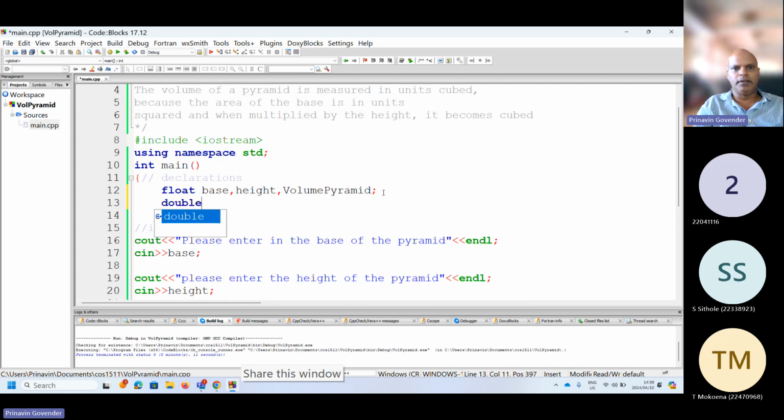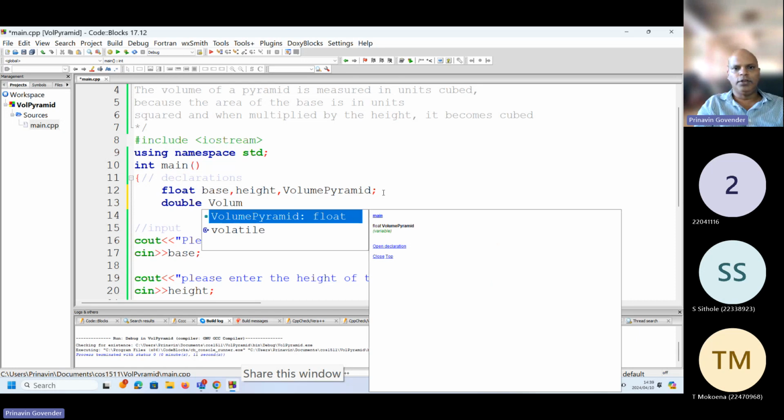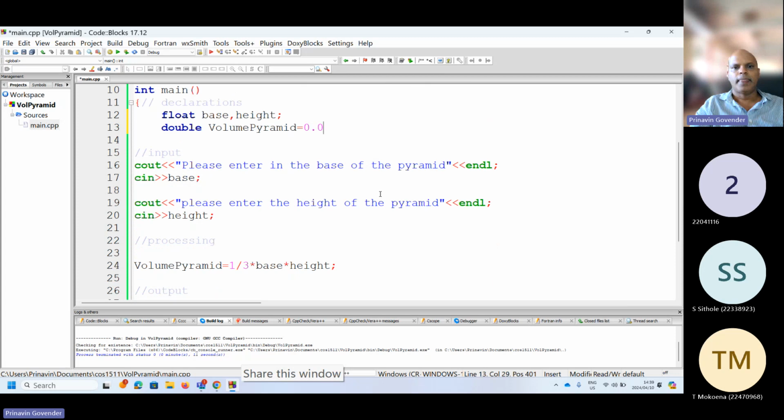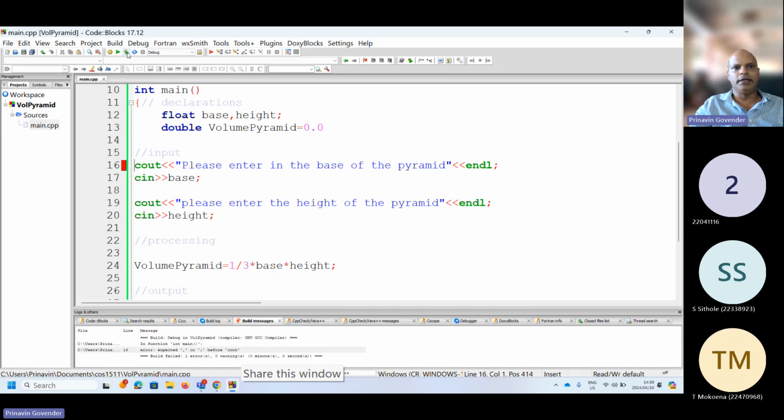Let's make this double volume pyramid, right? And I'm going to take that out. And I'm going to say this is equal to 0.0 base times height. Build and run. Please enter in the base of the pyramid. Oopsie, I'm missing a semicolon.